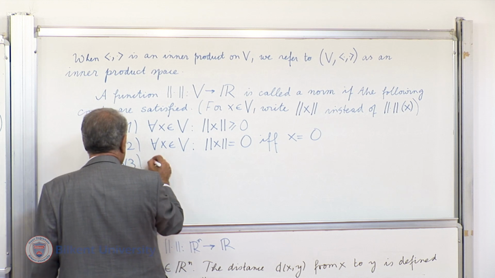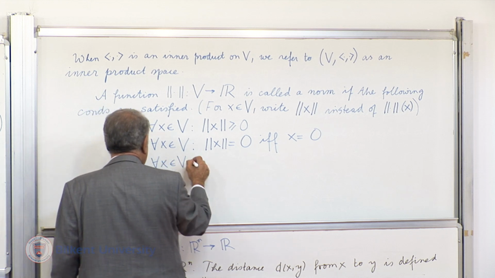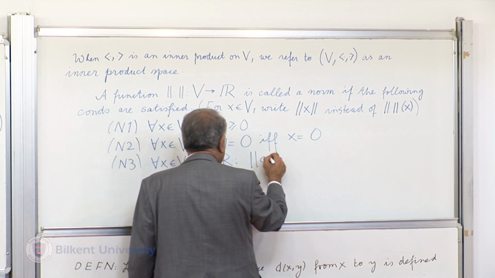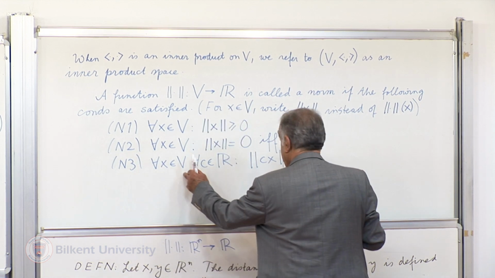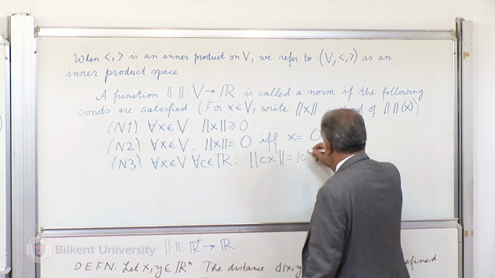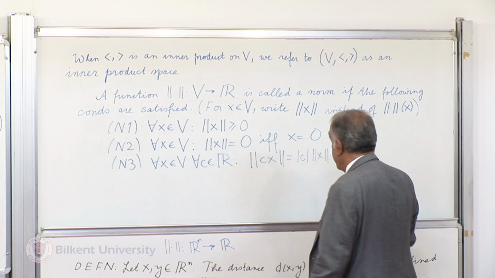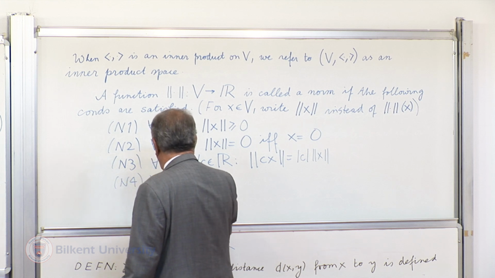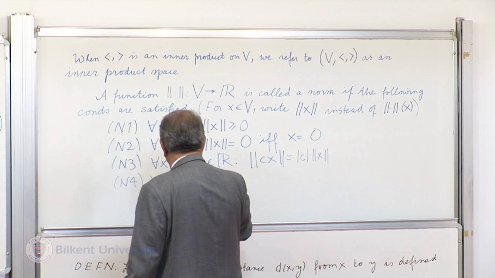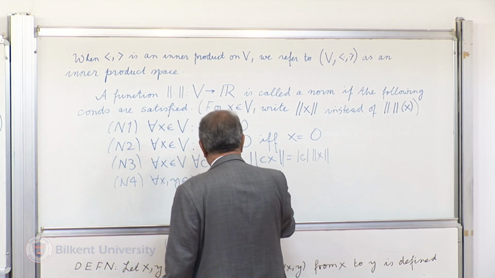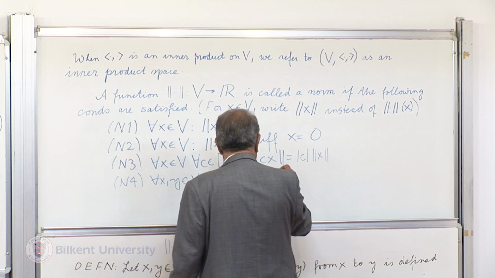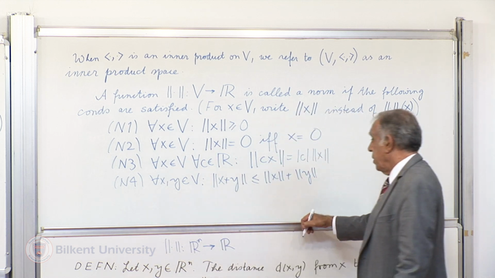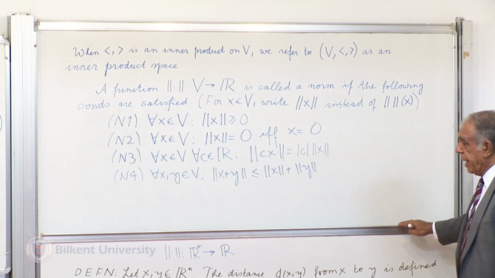And N3: given any x in V and given any real number c, the image of cx, which is again in V, will be the absolute value of c times the image of x. And finally, N4: for all x, y in V, the image of x plus y under this function should be less than or equal to the sum of the individual images of x and y respectively.